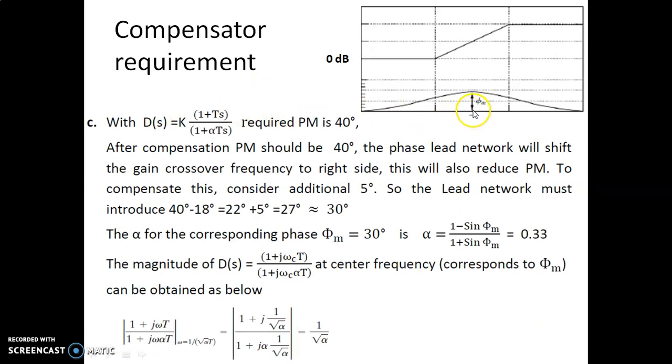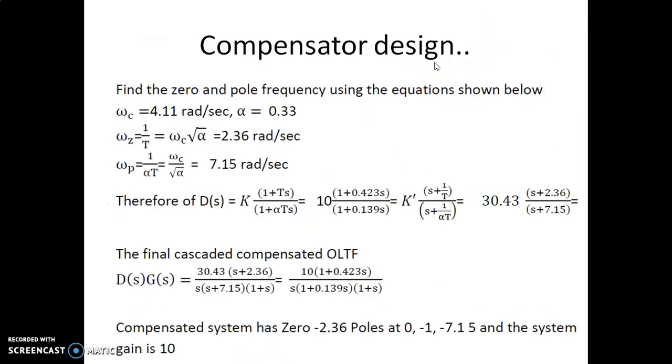Since you know the value of alpha, we can find this frequency and this frequency. So the zero frequency is coming out to be 2.36, of course lesser than omega c. Omega p, which is omega c by alpha, comes out to be 7.15 radians per second.